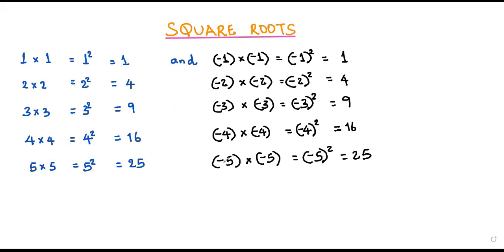And even if we get negative 5 times negative 5, we will get negative 5 squared, which is the same as 25. So according to what we are seeing here, we can say that 1 is the same as 1 squared, and it is the same as -1 squared.